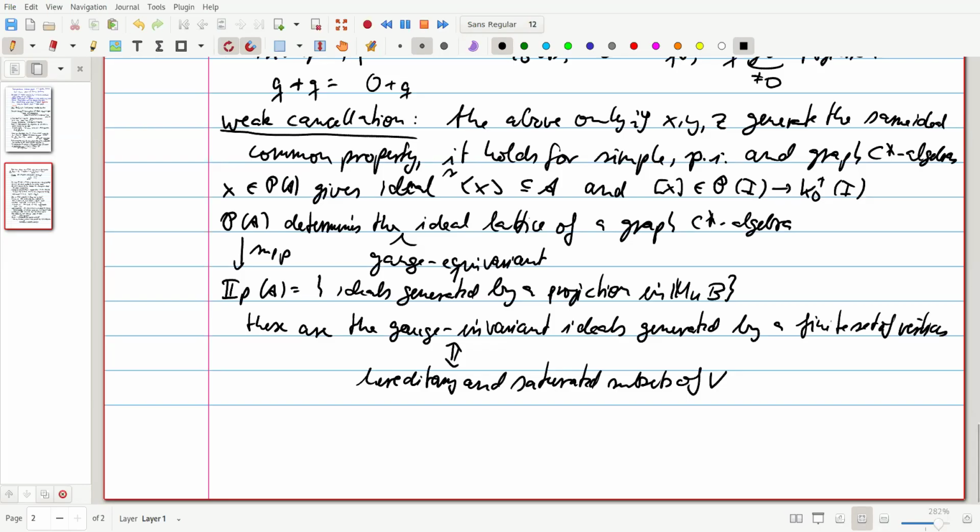So this ideal is called the support of X. And on top of that, there is also this K0 plus of the ideal and the diagram that these groups form.